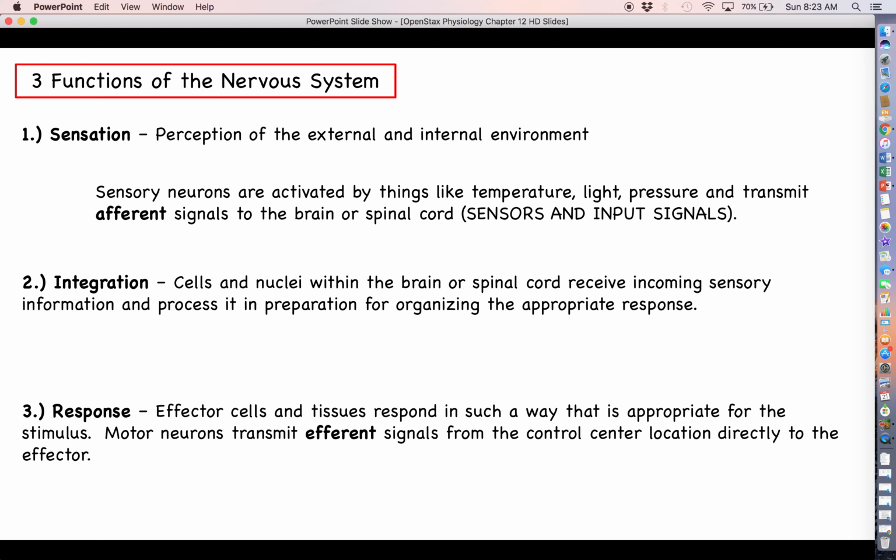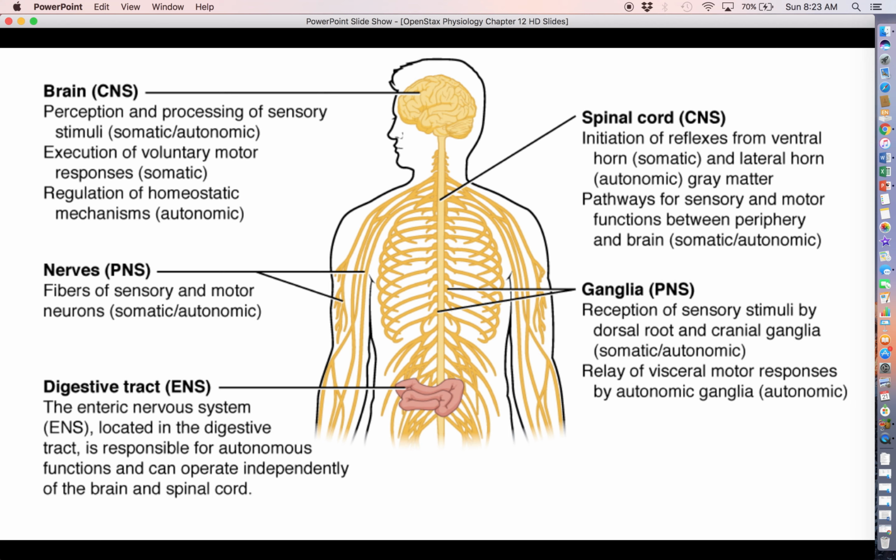So these effectors are going to be skeletal muscle, cardiac muscle, smooth muscle, glandular tissue if you're talking about a temperature response where you need to sweat. So those cells in the brain and the spinal cord need to send that efferent information back out to the periphery so that we can get our response to occur.